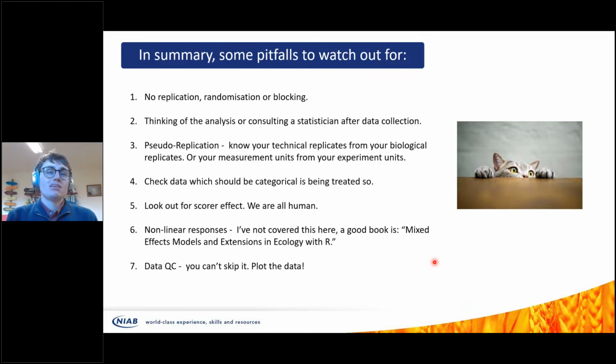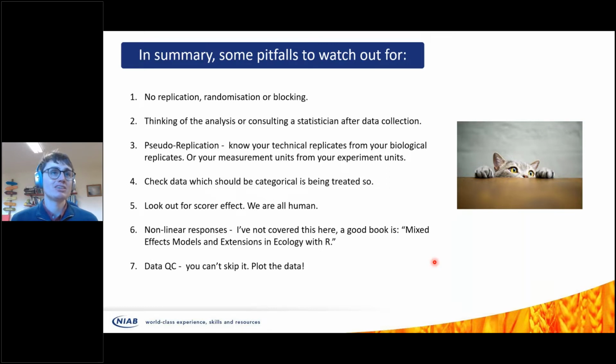Thinking of the analysis or consulting a statistician only after data collection is another pitfall. It doesn't have to be a statistician. Anyone that's got experience, ask for help before doing the experiment. Don't just go out there guns blazing and take the data without really thinking about the analysis you're going to do. I'm sure we're all guilty of doing that at some time.